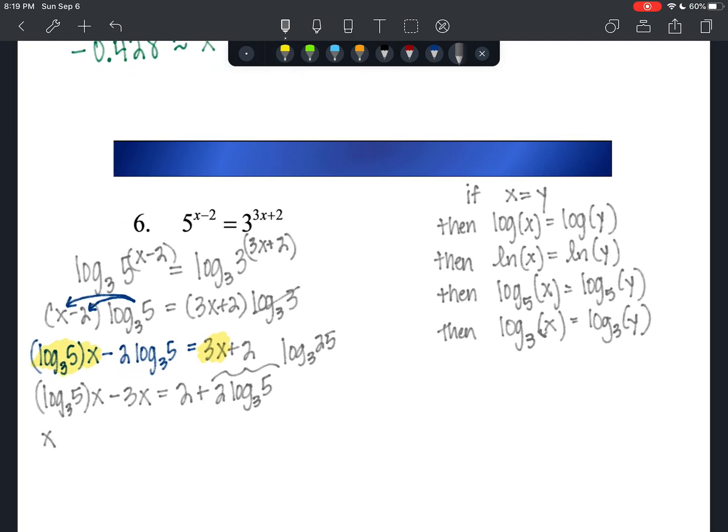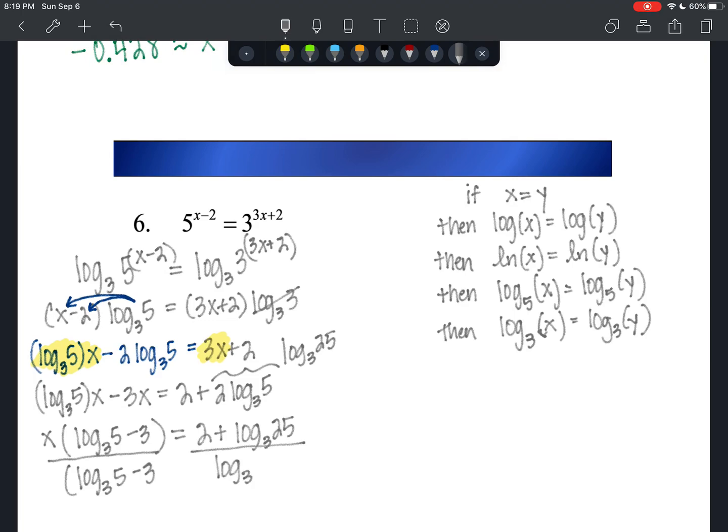Here on the left, I'm going to factor out an x, and that's going to leave me log base 3 of 5 minus 3 equals 2 plus log base 3 of 25. To solve for x, we're going to divide both sides by this binomial, log base 3 of 5 minus 3.